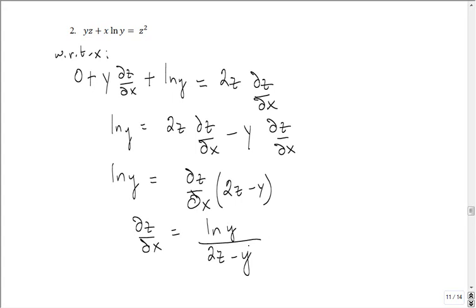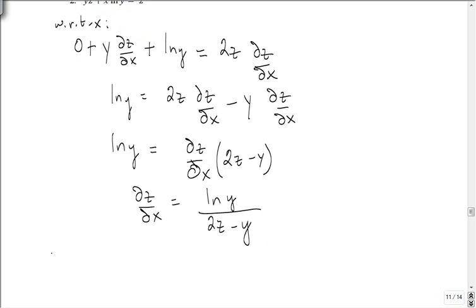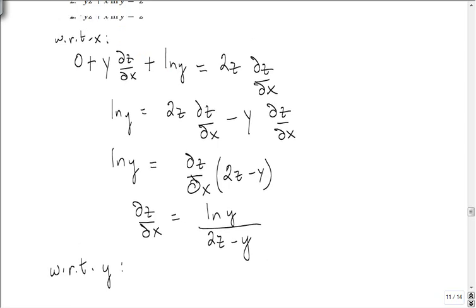Any questions on that before we do with respect to y? With respect to y. Again, yz is a product. We need to treat it as such.